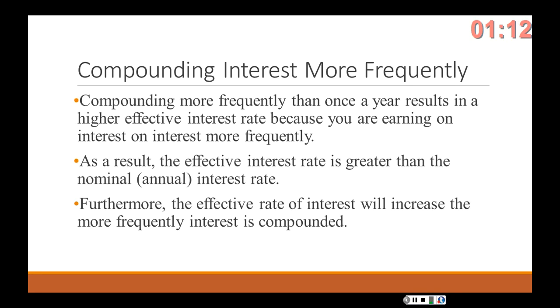So the nominal is the stated rate. It's the amount that would be stated in a contract. It's the amount that's stated in a problem. It's the rate that we actually use when doing calculations. The effective rate is the rate that you actually earn.